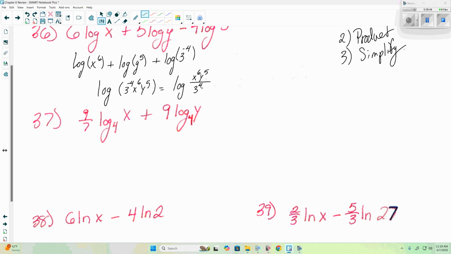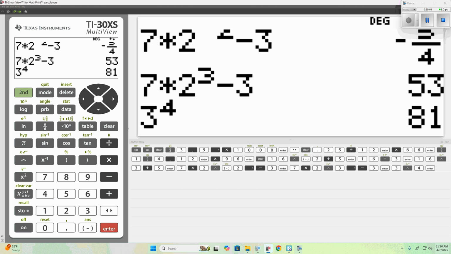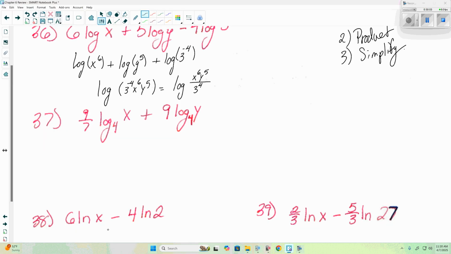X to the 6th is as simplified as it gets. Y to the 5th, can't do anything with it. Can I simplify 3 to the 4th power? Yes. I can grab the calculator and say, what is 3 to the 4th? Which is 81. Which is telling me that this is log of x to the 6th, y to the 5th, over 81. That is condensed.